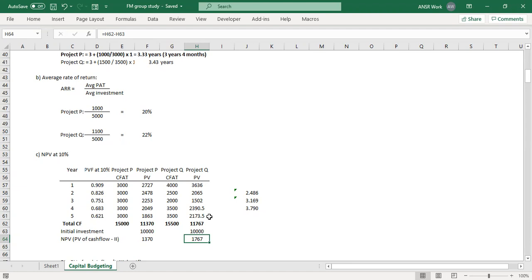So more is better when you are talking about return, because this is nothing but your cash inflow minus cash outflow. Does that make sense? Yeah, understood. Any doubts? No, I thought future value is the same for both. Okay.